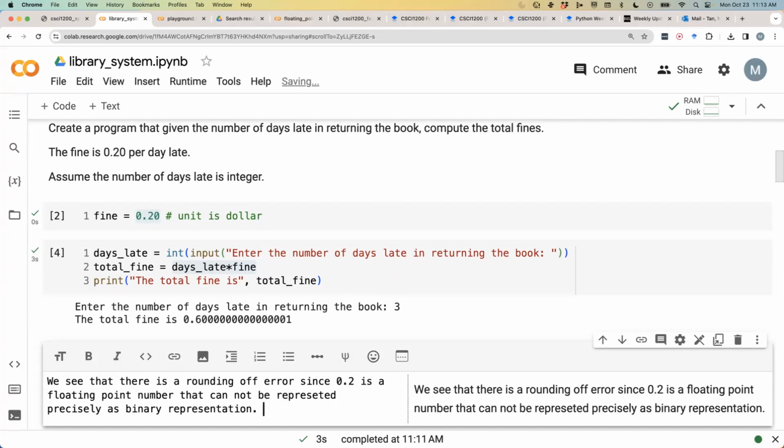Okay, so it's the same as 0.1 that we discussed in the lecture. 0.1 also cannot be represented precisely as a binary representation.